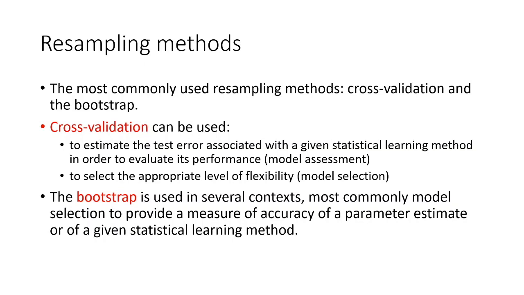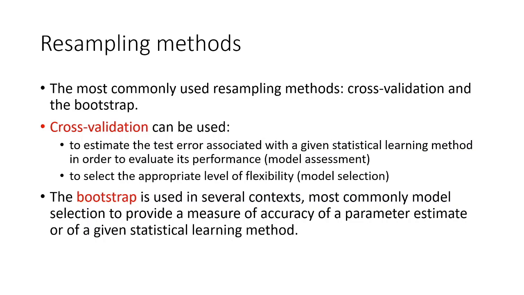Cross-validation can be used in two ways. One is for model assessment, in which you try to estimate the test error associated with a given statistical learning method, and you use this to evaluate the performance of the fitted model.